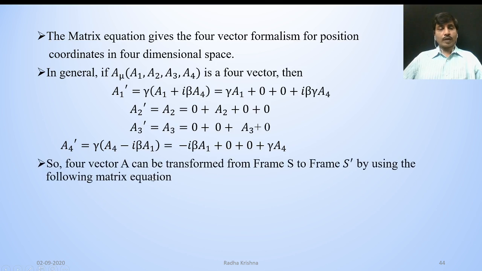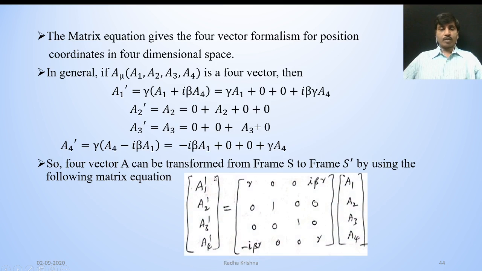So the 4 vector A can be transformed from frame S to frame S dash by using the following matrix equation. A1 dash, A2 dash, A3 dash, A4 dash, a 4 by 1 matrix, is equal to the product of two matrices, one 4 by 4 matrix and the second a 4 by 1 matrix.